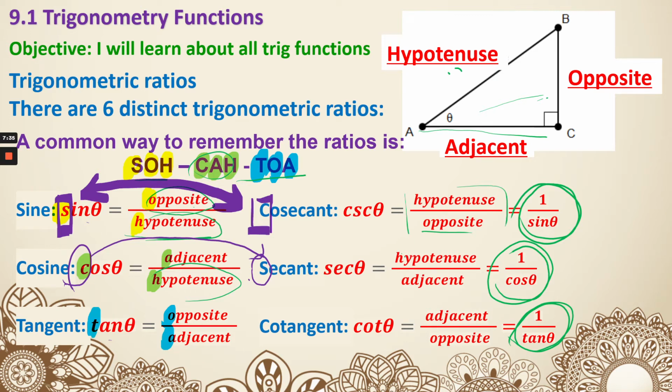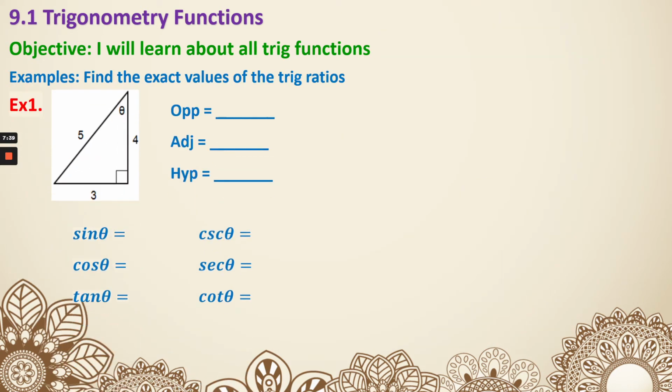Now let's move on to practice identifying some of these ratios inside triangles. So example 1, our angle is right here, and we want to identify our opposite, adjacent, and hypotenuse. Opposite is the one that's facing it, so 3. Adjacent is the one that's next to it, so 4. And hypotenuse is the longest side, so 5. Then we can identify our sine, cosine, and tangent.